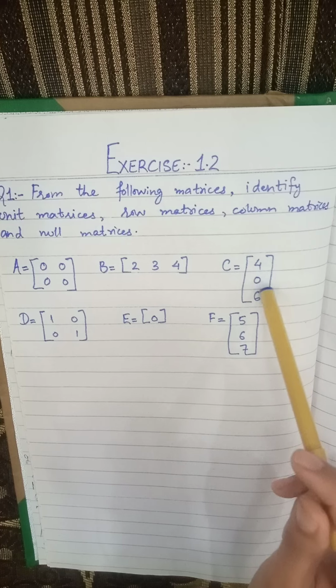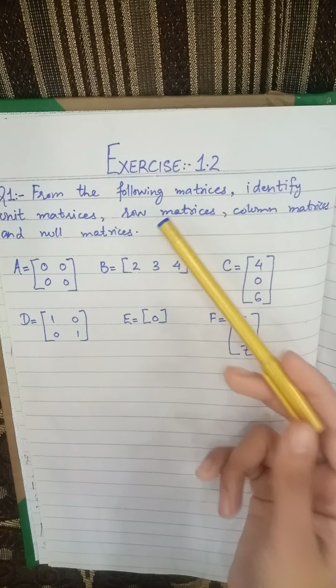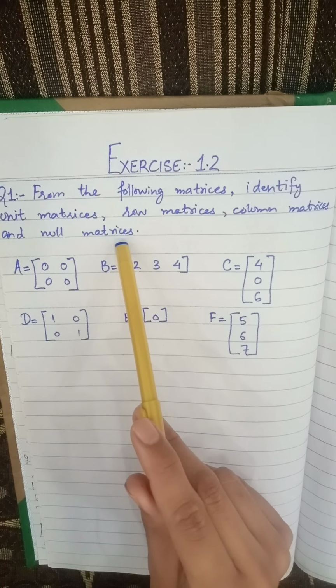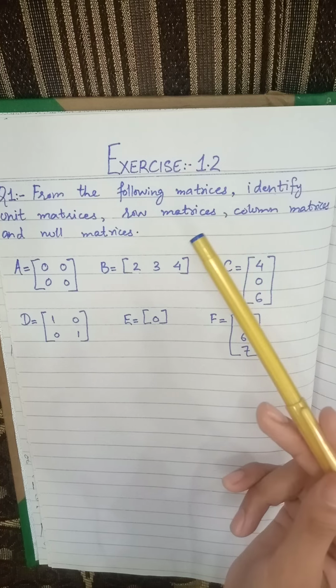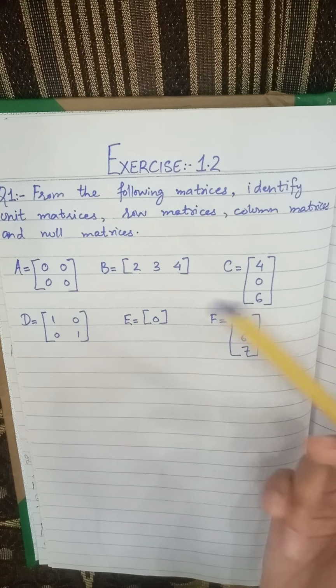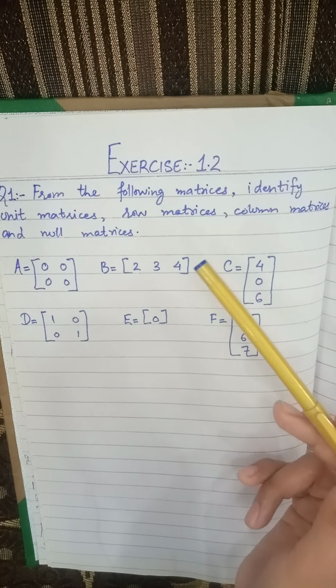If the matrix has one column, then it is a column matrix. Similarly with the row matrix. And then the last one is the null matrix. Null means nothing. So a null matrix has 0 0 0 0 as its entries.